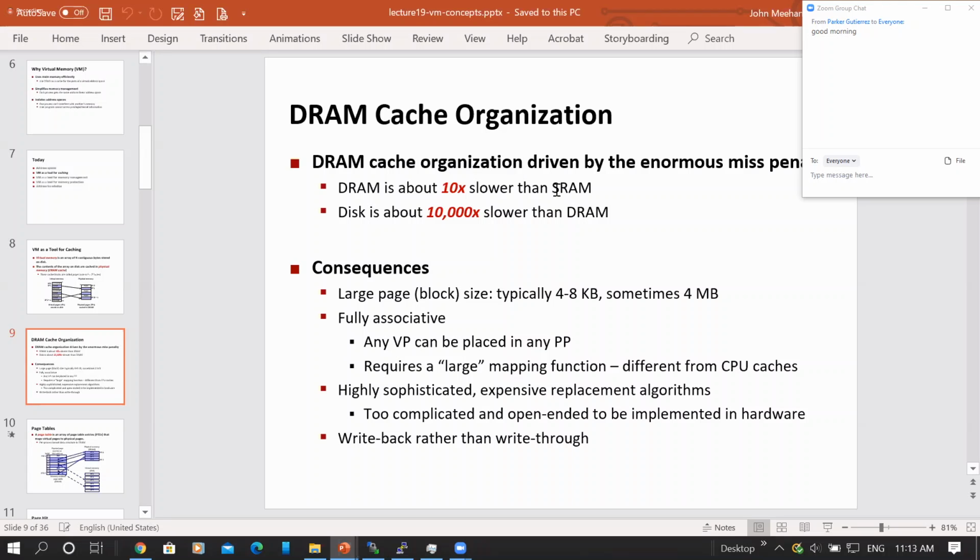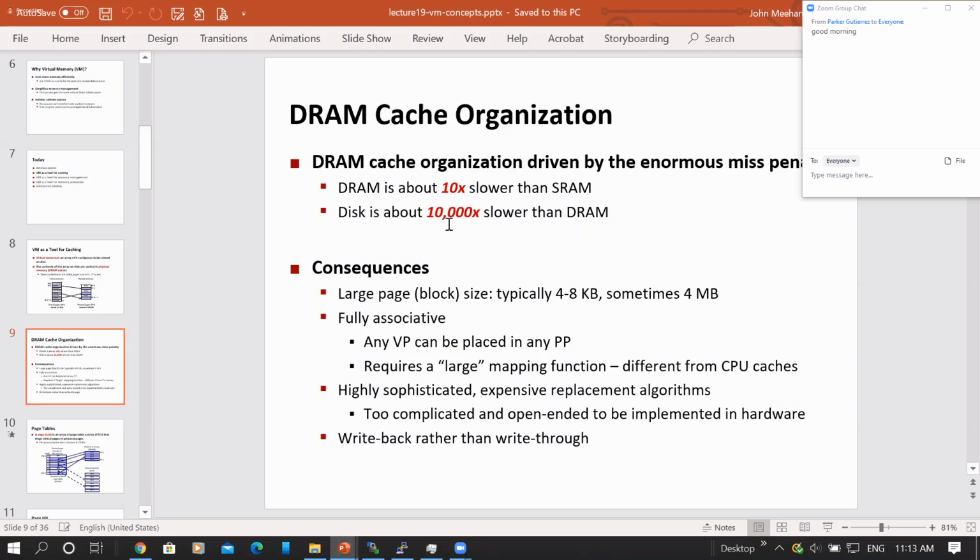Well, now if we're using slices of the DRAM as pages to hold slices out of the virtual address space of a process, which would be stored out on the disk, that is about 10,000 times slower than the DRAM. So that is a bigger cliff you got to jump off, right? Going from the DRAM speeds to, oh, I got to go and drag it in off the disk and put it in the DRAM.